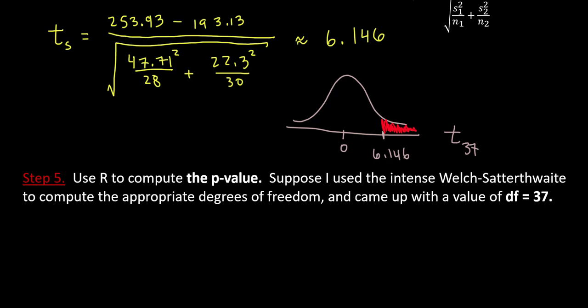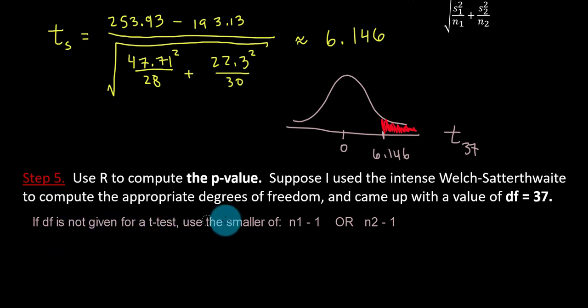However, if I don't give it to you, then we said just use the smaller of the two sample sizes as the degrees of freedom, right? You would do n minus 1 for whichever one of those is smaller. I'm not going to expect you to calculate that intense degrees of freedom formula that was shown in a previous video.